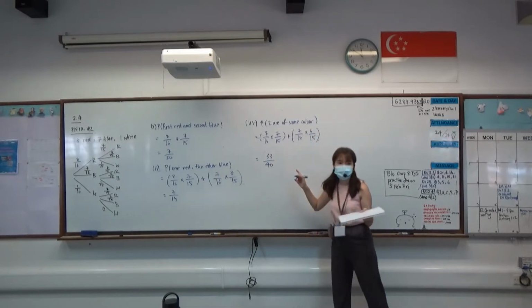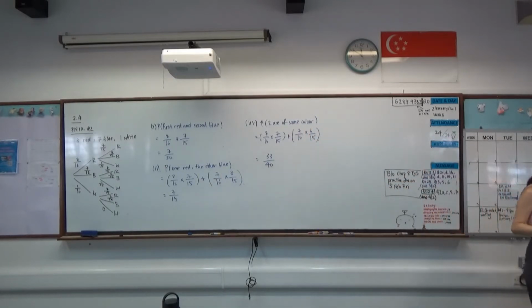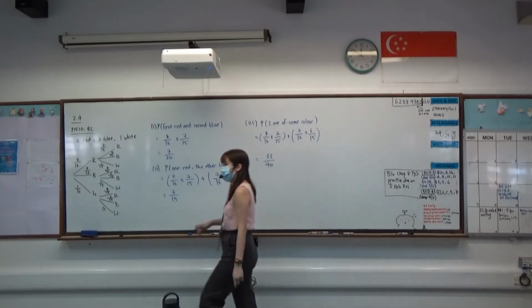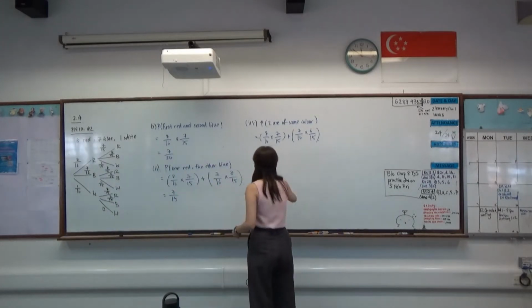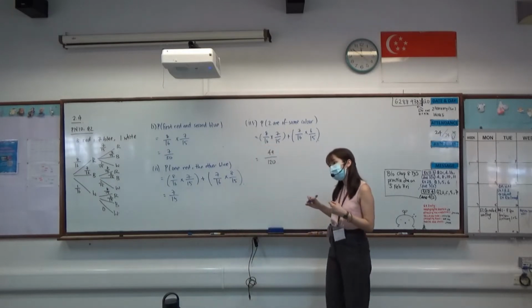Okay. Do we get this answer? 33/40? I got 49/120, right? So could you please check? He might have keyed in the calculator wrongly. Yeah. Should be 49/120, right? You get it?